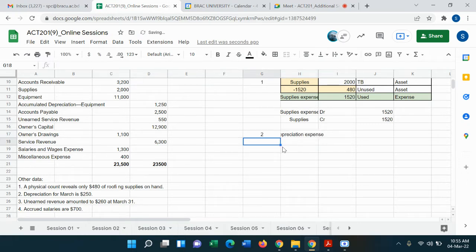Depreciation expense. Do you need to look into the trial balance to see whether there is any account regarding depreciation or not?